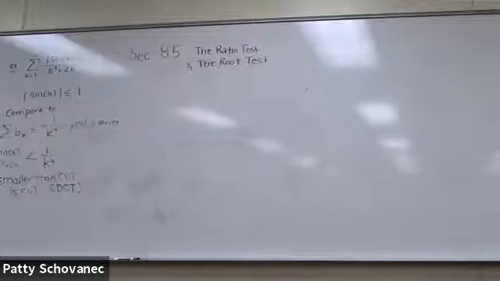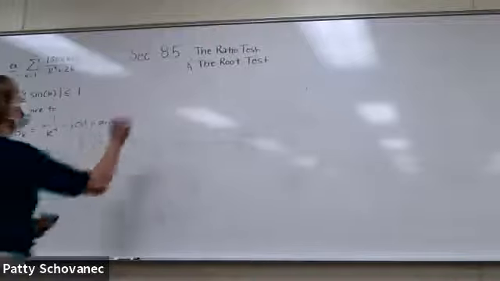So this again is a positive term series test. All the terms are positive. But you'll see in the next section that it also works in absolute value. So it's a really handy, easy test to use.